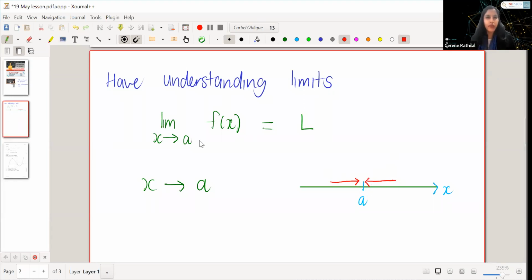That's what we mean when we say x tends to a. And when x tends to a, the value of f of x is tending to L. So the limit of f of x equals L as x approaches a. That is the notion of understanding that I require you to have before we talk about differentiation.